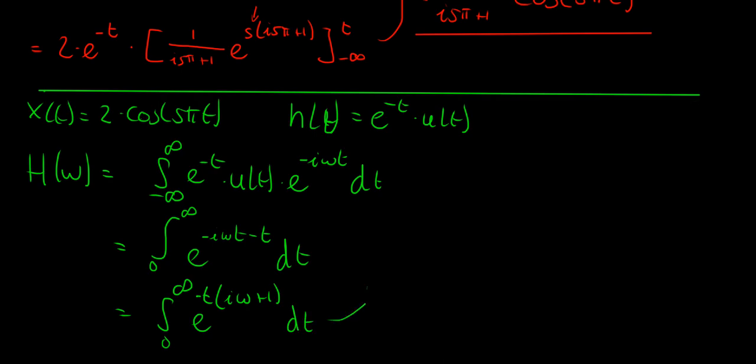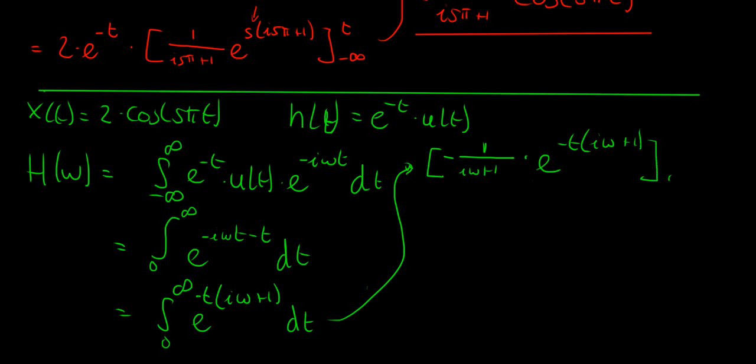We'll integrate this, where we get minus 1 divided by i omega plus 1, multiplied with e to the power of minus t times i omega plus 1. Now we fill in 0 and infinity.